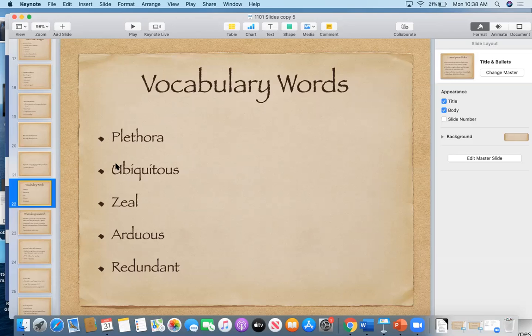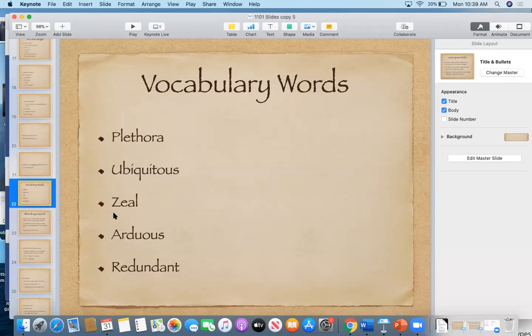Basically, just real quickly, plethora means a lot. So you could say that movie had a plethora of colors used in its content. Ubiquitous just means widespread. So you could say advertising these days is really widespread, or texting these days is very ubiquitous. Zeal just means great enthusiasm.